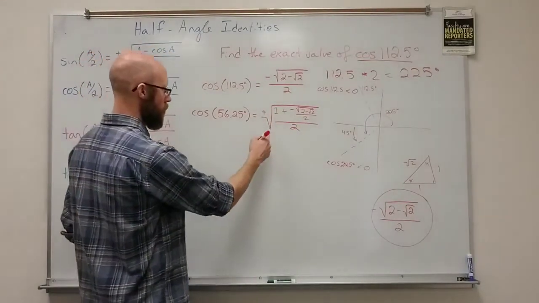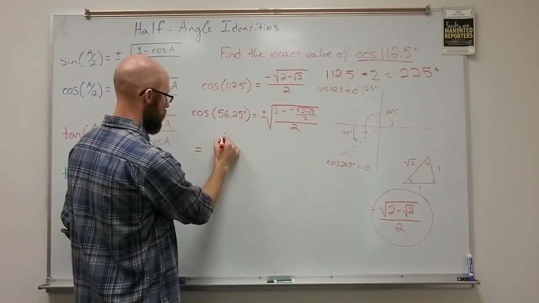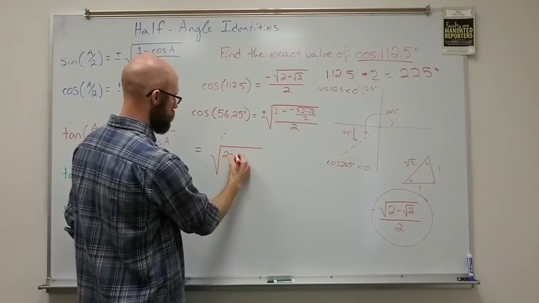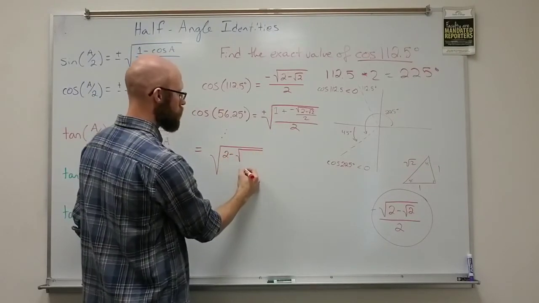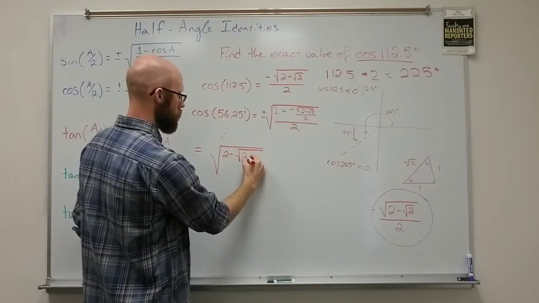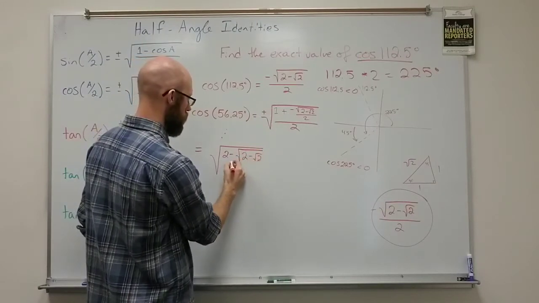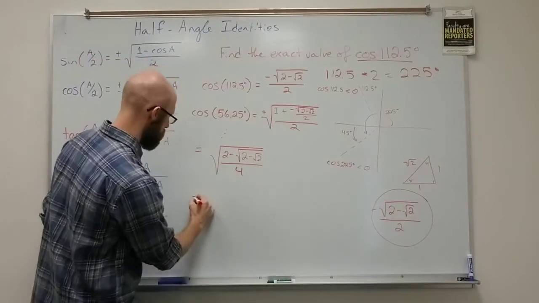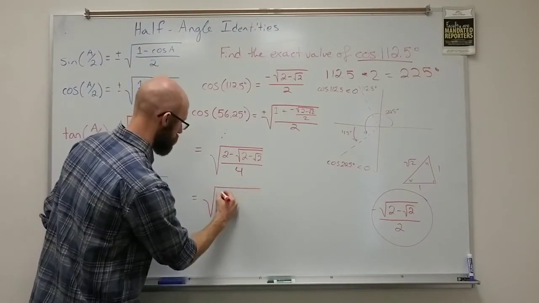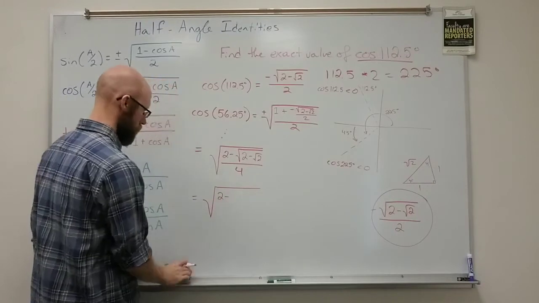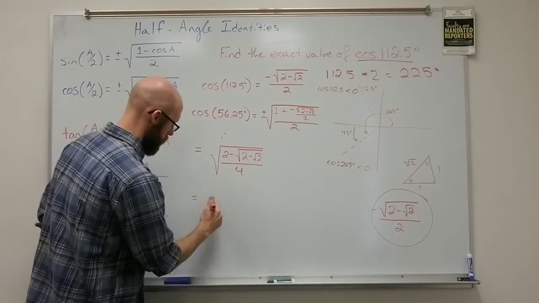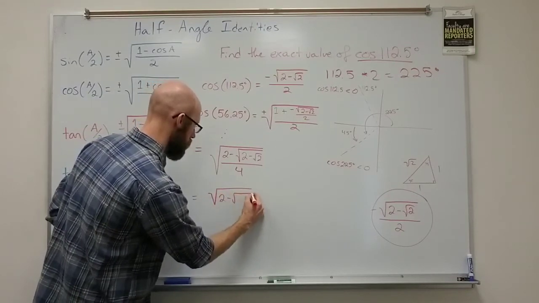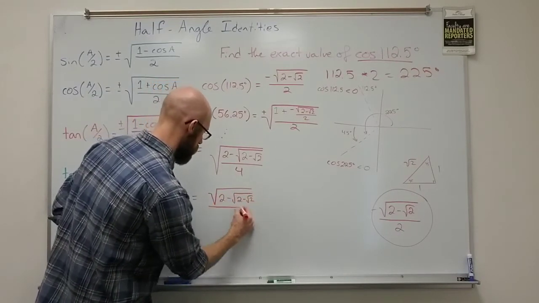You would end up, I think, I'm just kind of running through this in my head, 2 minus the square root of 2 minus the square root of 2 all over 4, which should end up being the square root of 2 minus, make that root just on top. 2 minus root of 2 minus the root all over 2.